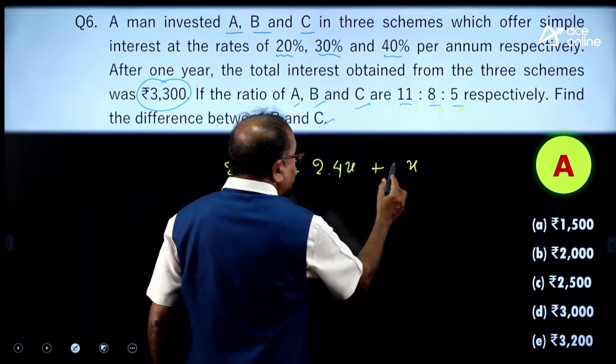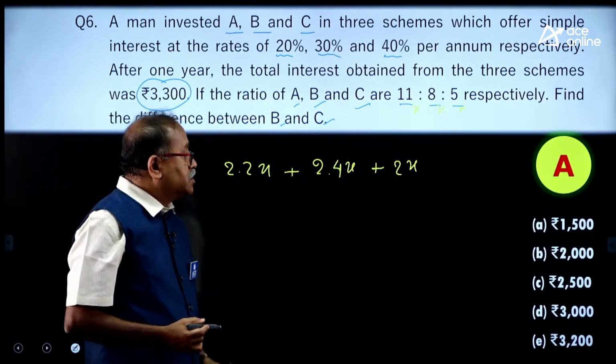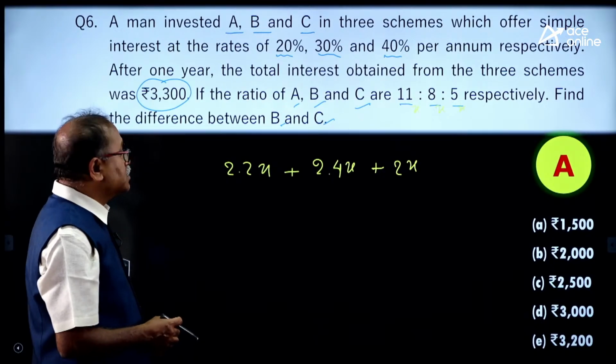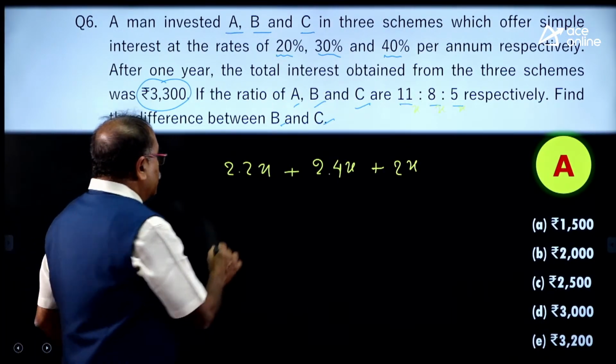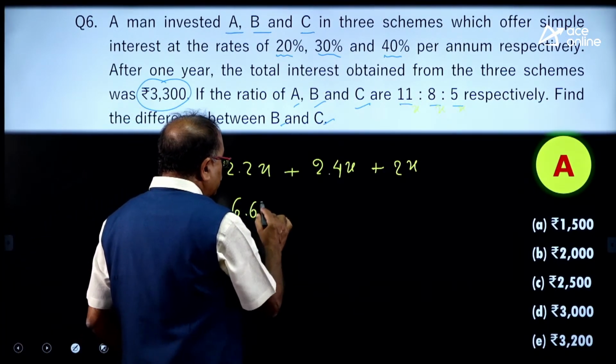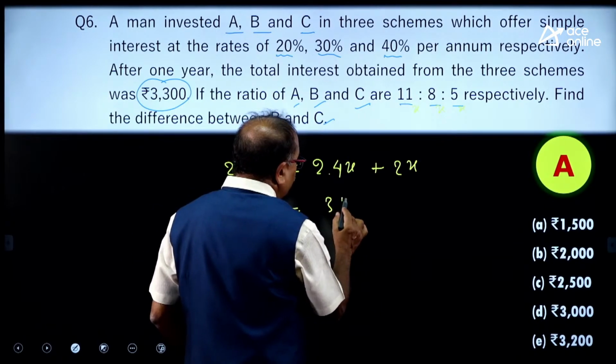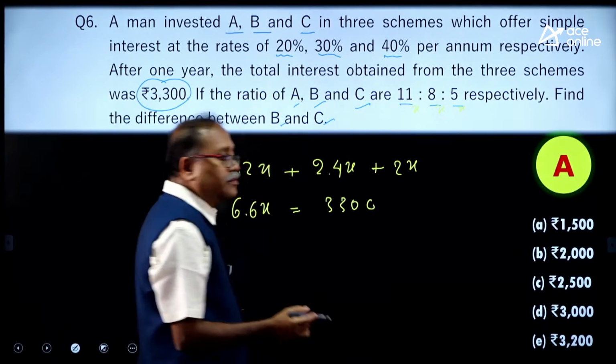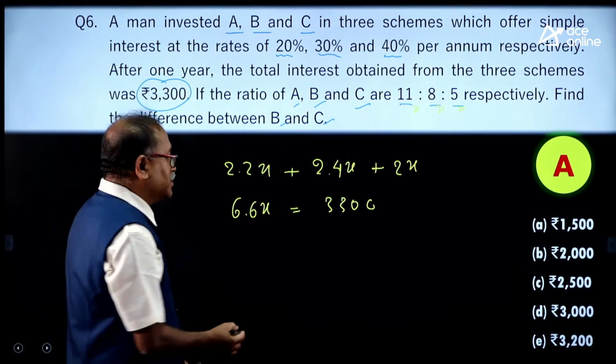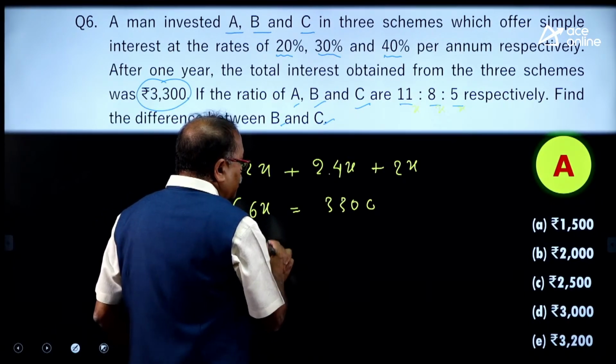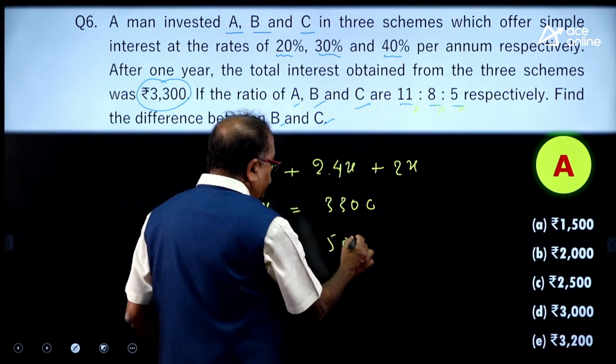So, this is 2x. The total I am getting is 6.6x. So, given to us is 6.6x is equal to 3300. Then what is x? So, clearly visible that x is equal to 500.